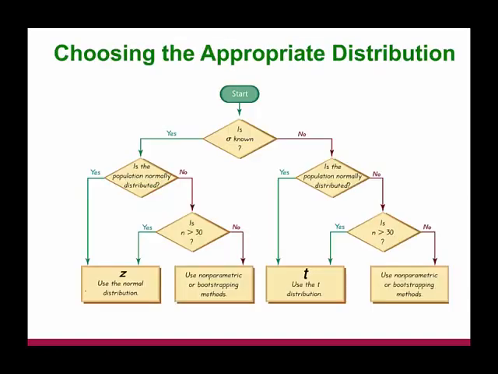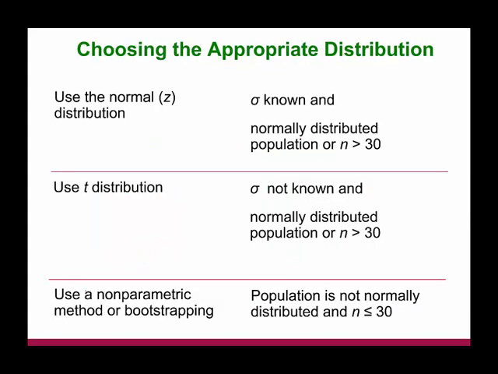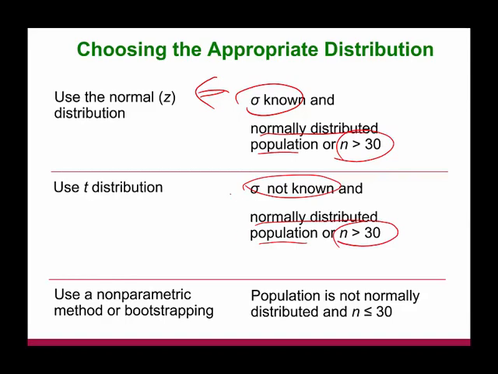and analyze one more time. And this flow chart shows you which distribution to use, t distribution or z distribution. If sigma is known and the population is normally distributed or the sample size is greater than 30, we use the z distribution, the normal distribution. If sigma is unknown and the population is normally distributed or the sample size is greater than 30, we typically use the Student t distribution.